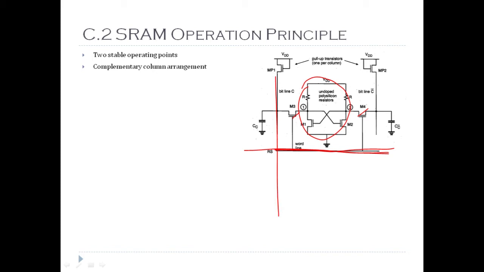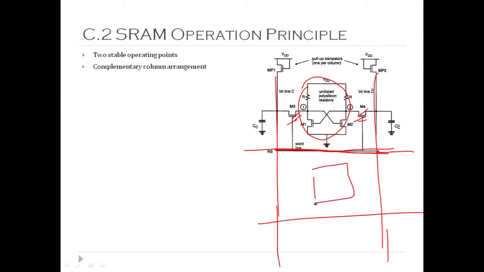Unlike the types of memories that we have seen till now, where there was only one bit line, here there are two bit lines. So this is one of the cells which can be accessed through these switches. Similarly, there will be a number of such cells which can be activated using another row. If this is row 0, this will be row 1, and so on.